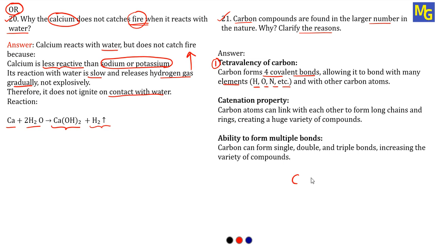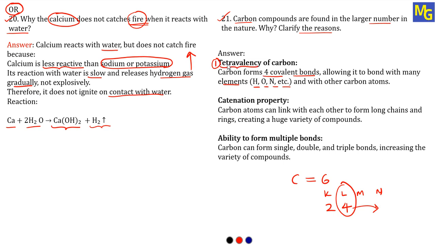So we know carbon, its atomic number is 6 and its electronic configuration, the arrangement of electrons in the shells, is 2 and 4. So the last shell is the L shell, which has 4 valence electrons. So it will try to share these 4 electrons with the other elements. Therefore, it has a tetravalency.